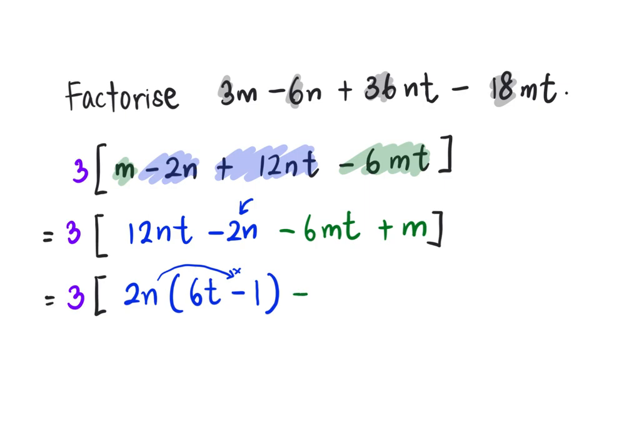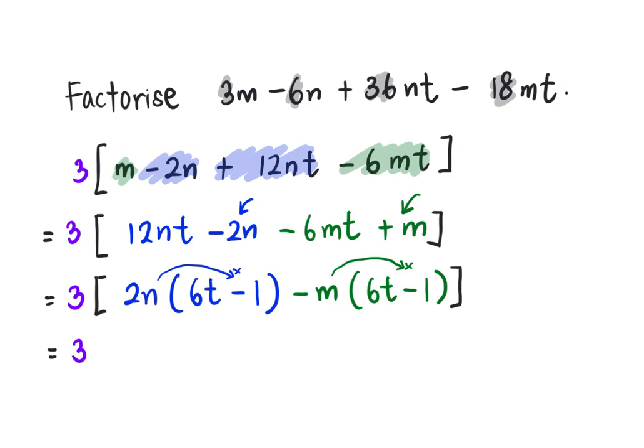My m, I will get 6t minus 1. Why is that so? Because if I were to multiply back negative n times negative 1, I will get back my positive m. That is important.